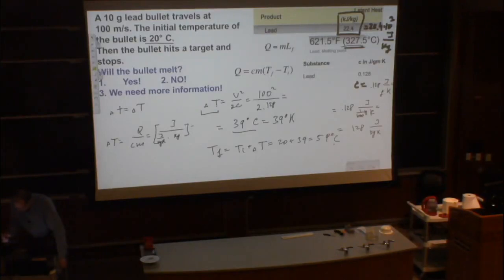So joules and joules get cancelled, kilograms and kilograms get cancelled, and 1 over K is K. Which equation do you mean? This or that? There are two equations. I didn't use that equation, I used this equation. If we use that equation, the unit for latent heat is a joule over a kilogram. That's it. It has no temperature.